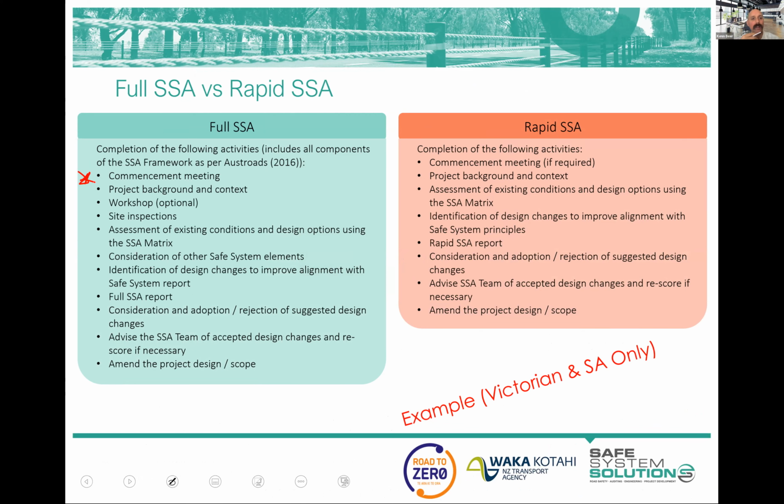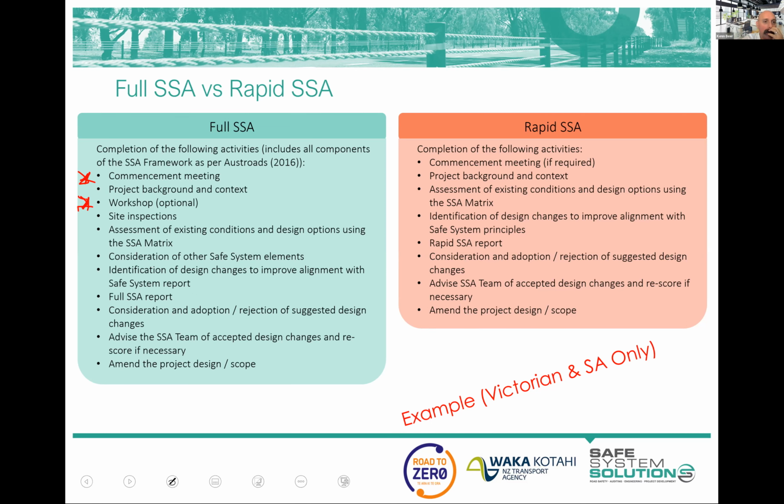It can just continue. You will have some sort of commencement meeting in a full one. You're going to need the background and context regardless, so you need to somehow gather that. The workshop is often combined with the commencement meeting, but it's optional even in a full.